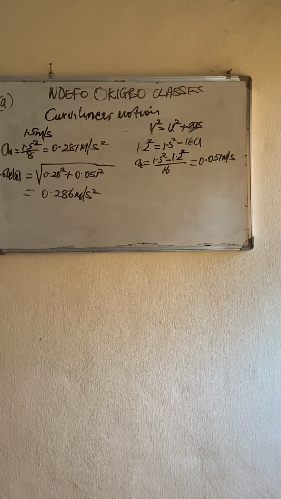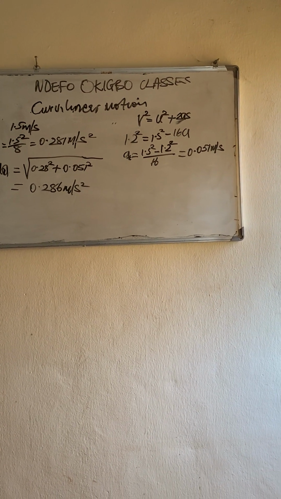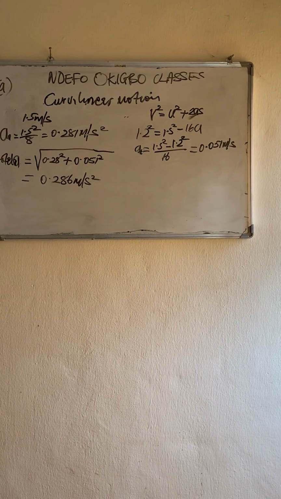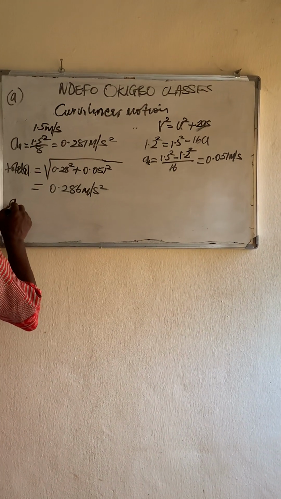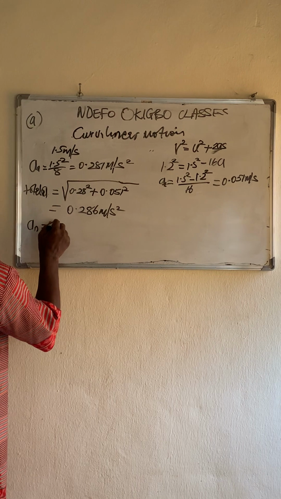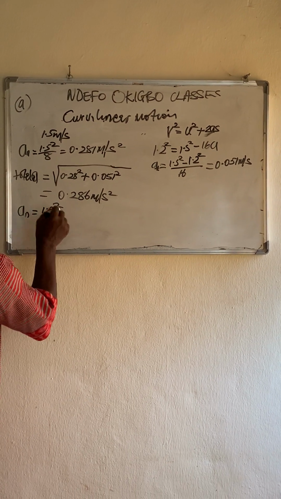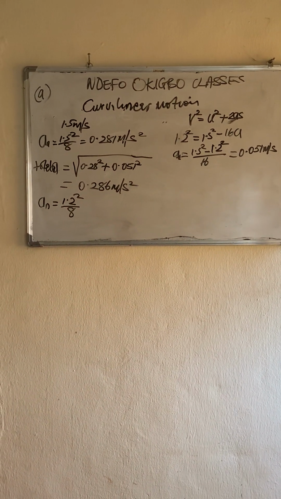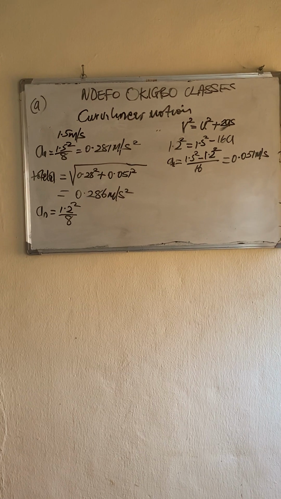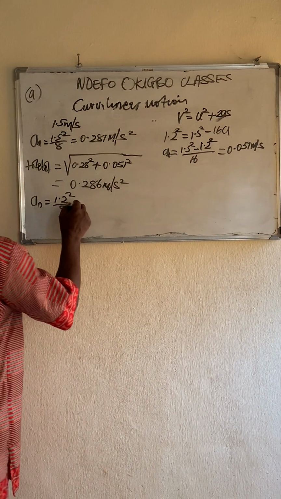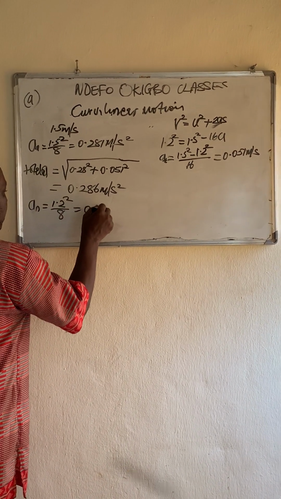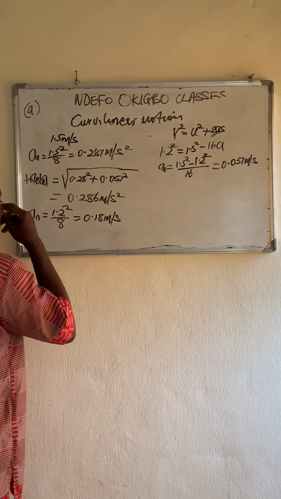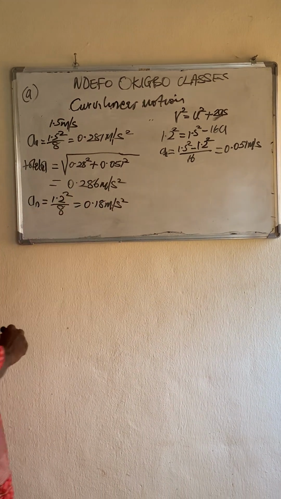Now, towards the end of the journey, the normal acceleration is equal to 1.2 squared over 8, which I got to be 0.18 meters per second squared.